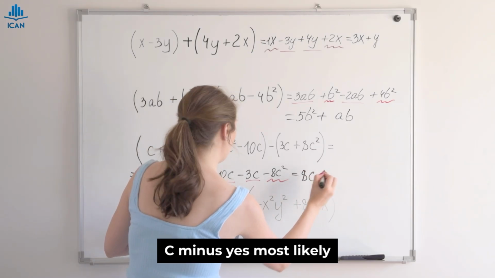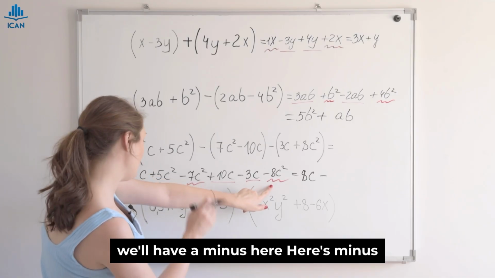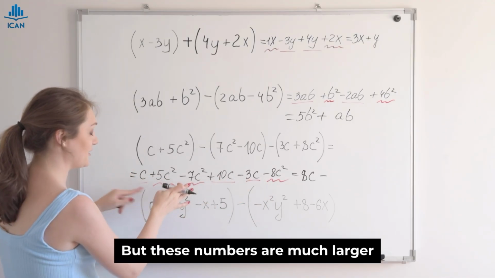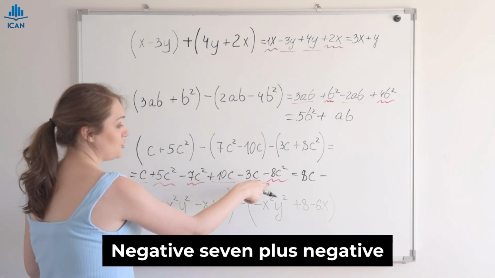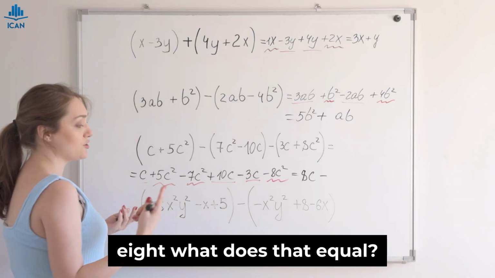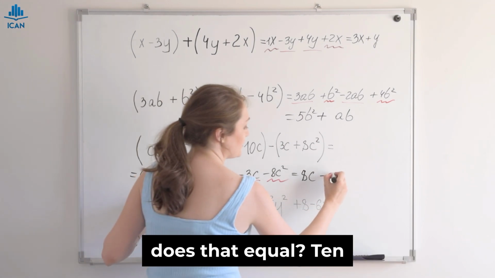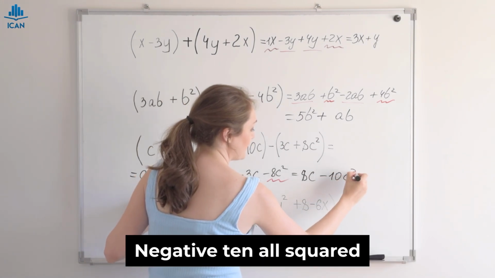Most likely we'll have a minus for the squared terms, but these numbers are much larger. Negative 7 plus negative 8, what does that equal? Negative 15. And plus 5, what does that equal? Negative 10 c squared.